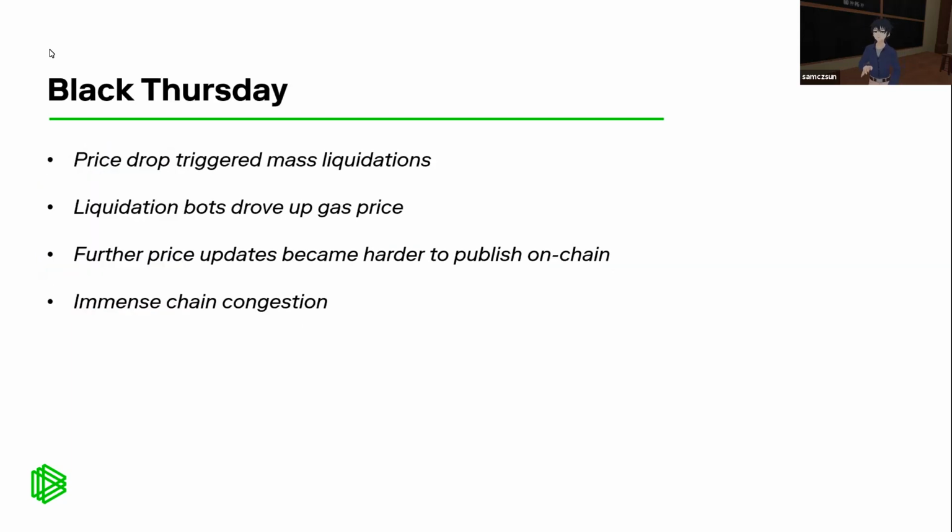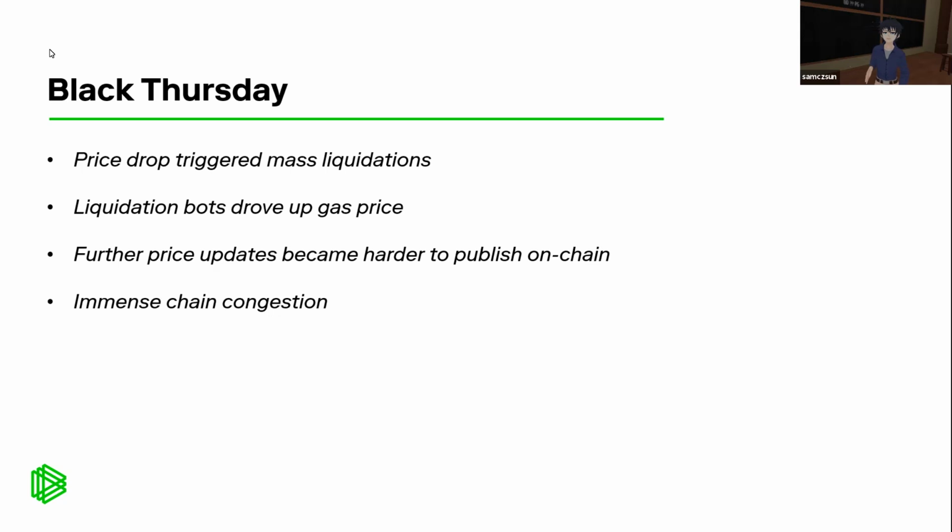So when the price dropped, obviously that triggered mass liquidations, because your position that was collateralized by Ether suddenly was no longer collateralized when Ether halved in price. Now, liquidation bots, so automatic programs that try to capture these liquidation opportunities to make money, quickly noticed this and started driving up the gas price to bid on these liquidation auctions.